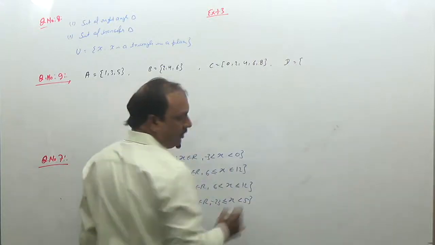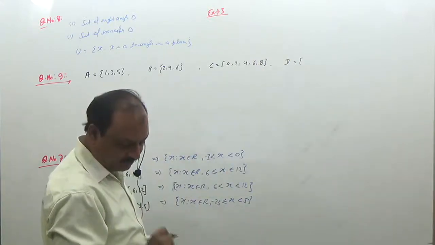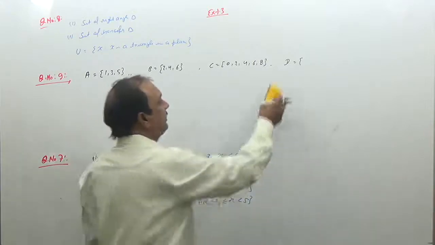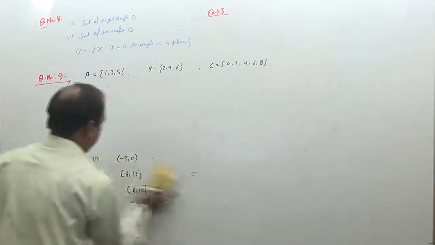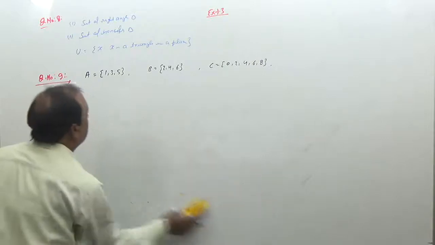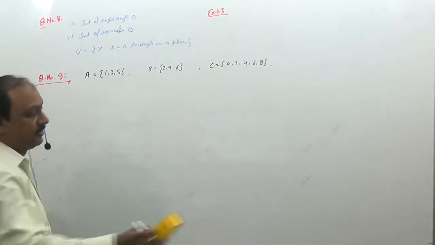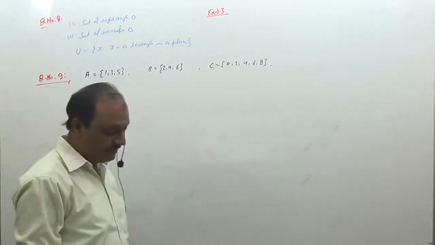Only these three sets are given, containing the elements 1, 3, 5, 2, 4, 6 and 0, 2, 4, 6, 8.